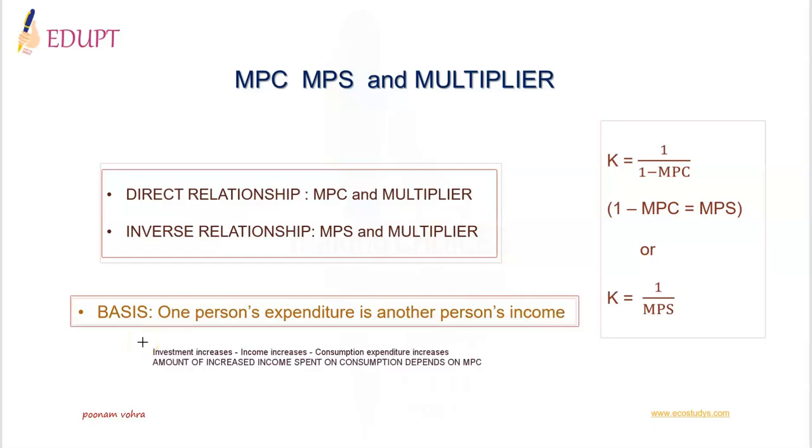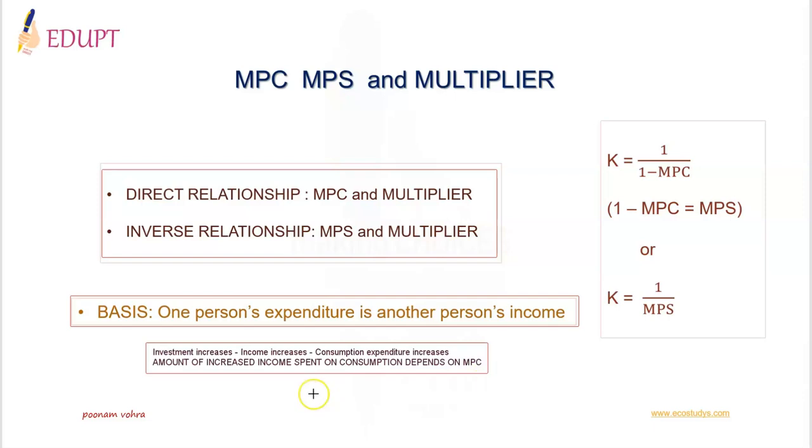This has already been understood that when investment increases, income also increases, and hence people spend a part of their increased income on consumption. So consumption expenditure increases.